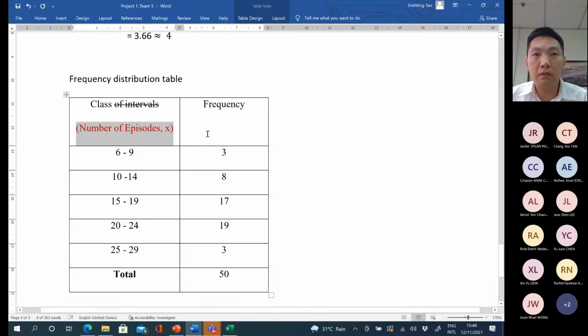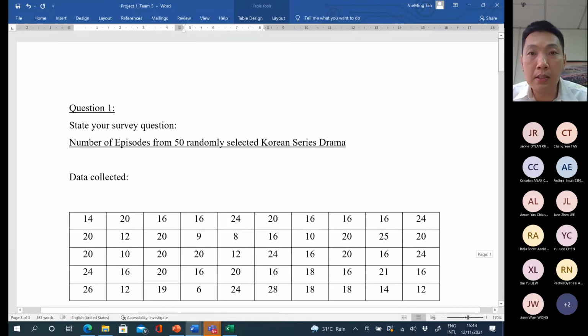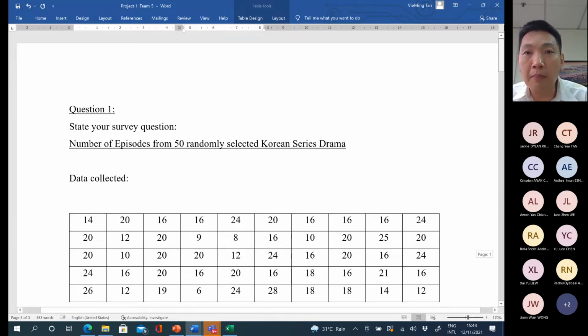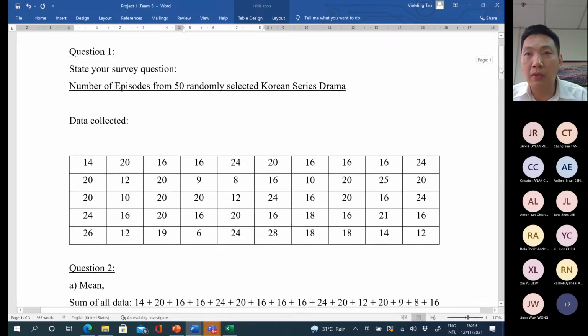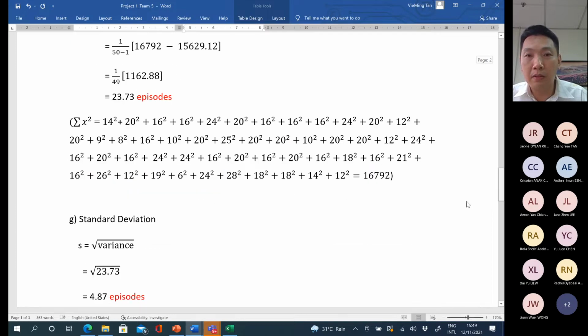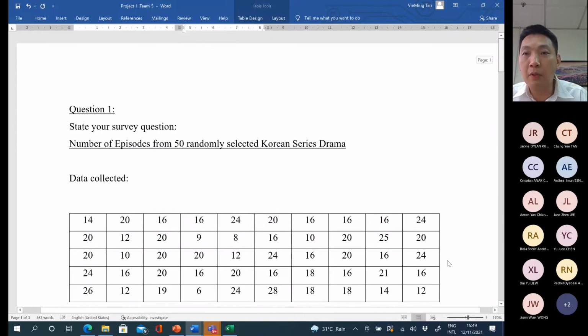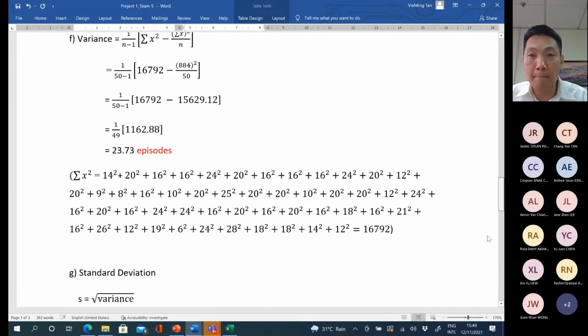And then frequency here is correct. If you want, you can also put number of drama for this question, referring to your data. Or we can just put frequency, which is also okay.